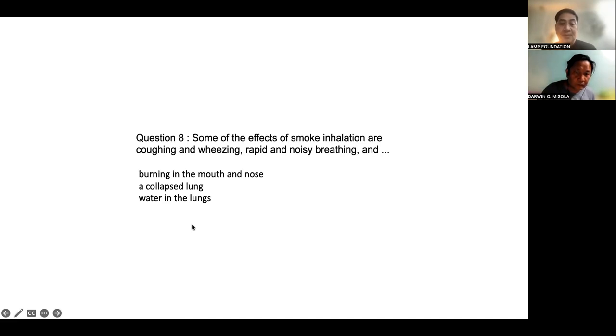Collapsed lungs. People who smoke, collapse. This is the most common. If you inhale smoke, what is the most logical effect here? Think. This was already taken up last week, right?